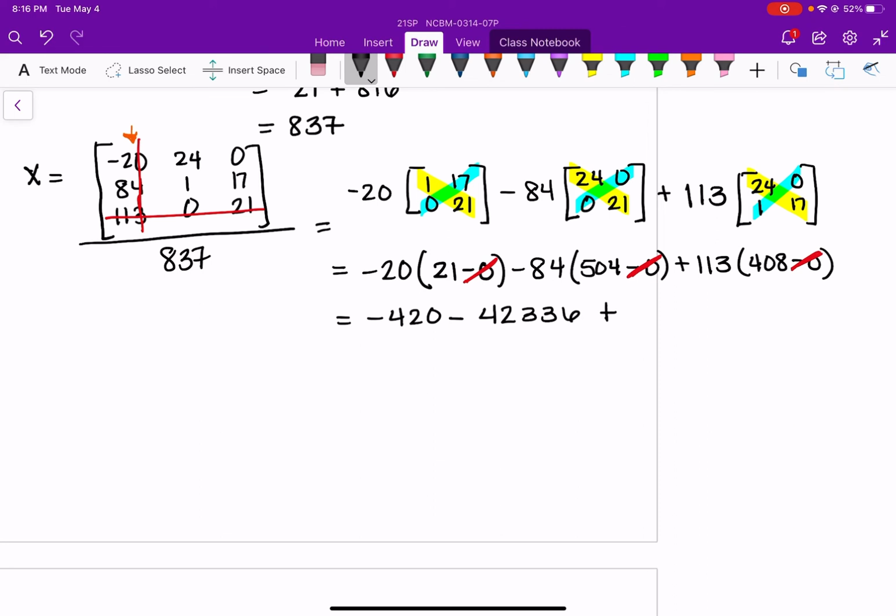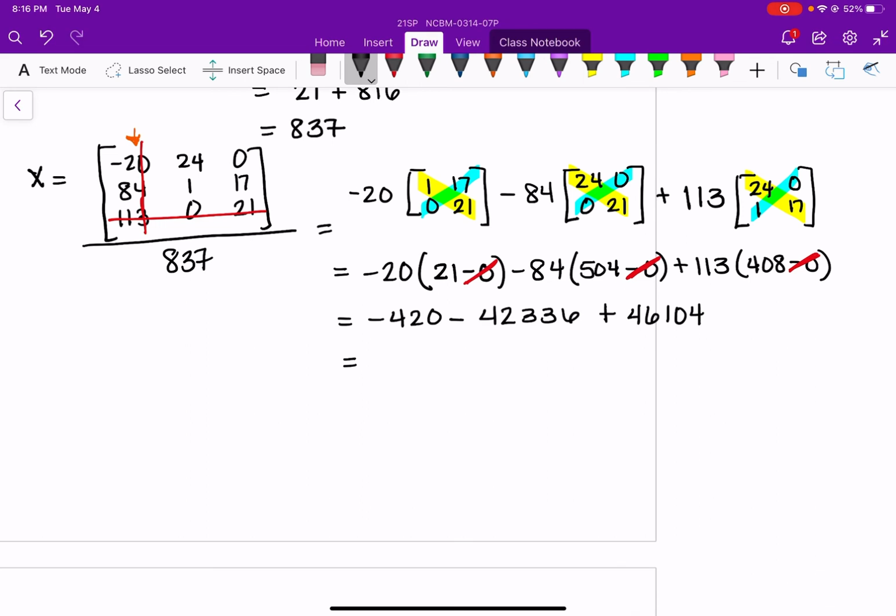Plus 113 times 408 is going to give us 46,104. We're going to add all that together, and that is going to give us 3,348. And then we're going to bring back our denominator here of 837. And that is going to divide out and give us a value of 4.